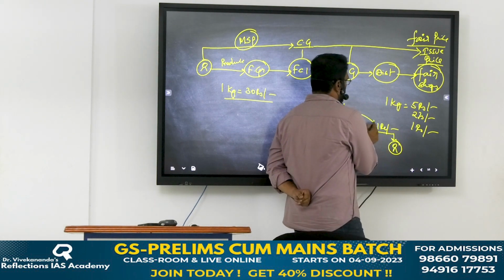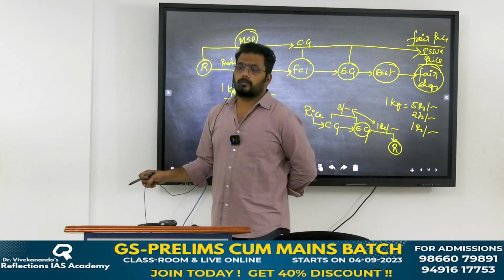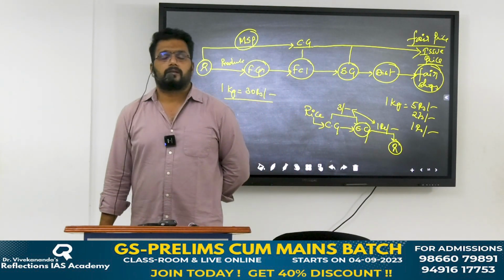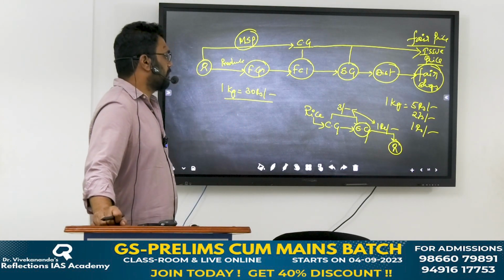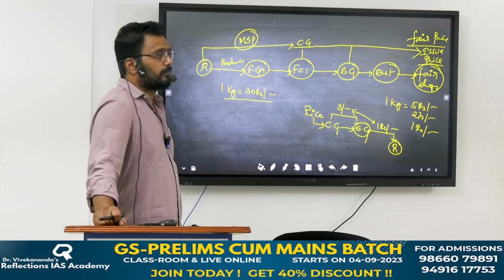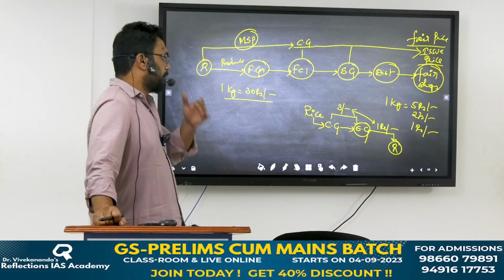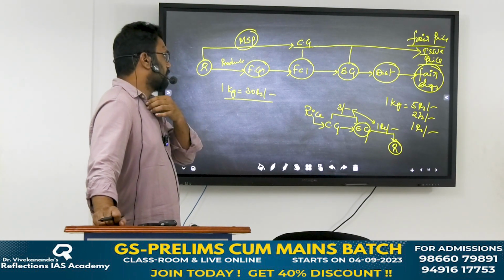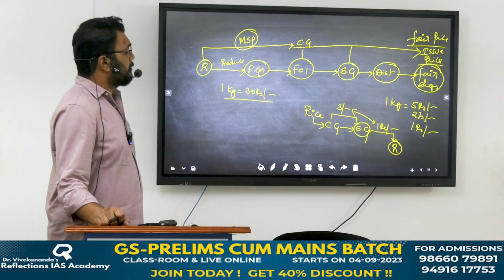So this 2 rupees burden is further taken by the state government. So for the state government the burden is 2 rupees, for the central government the burden is 3 rupees. Now the consumer is getting the rice at 1 rupee.